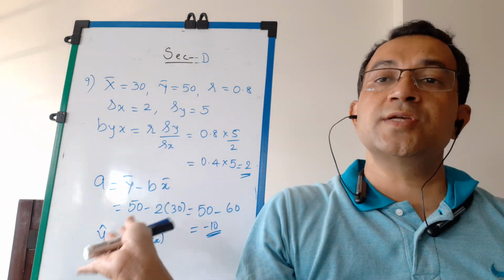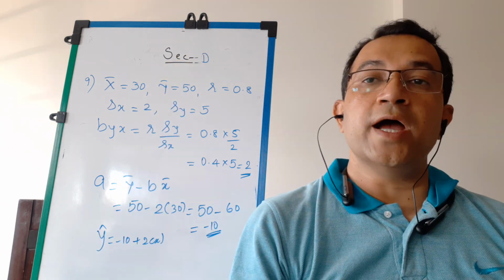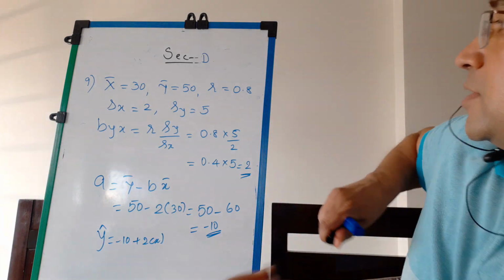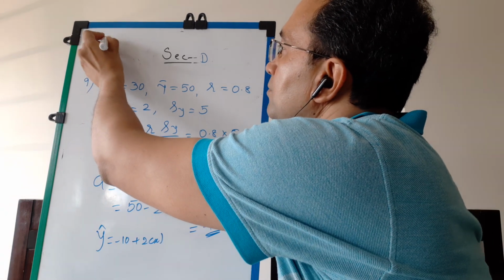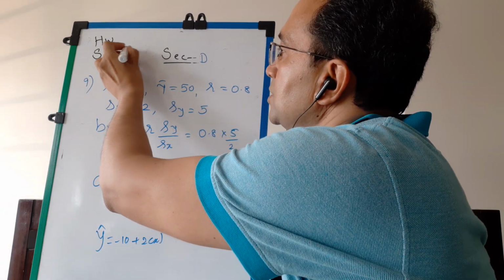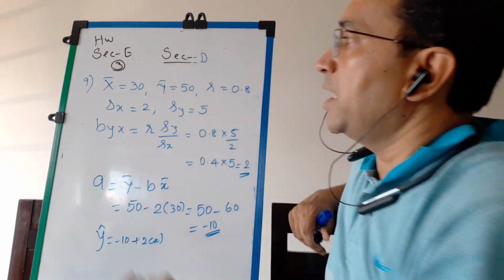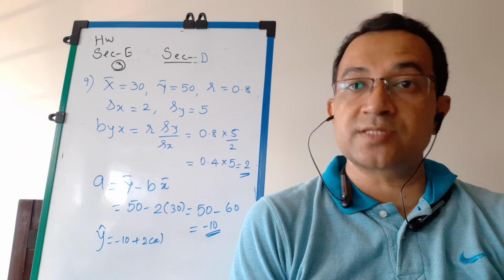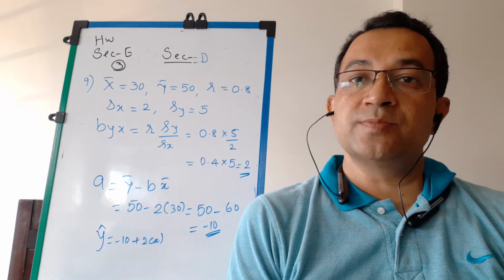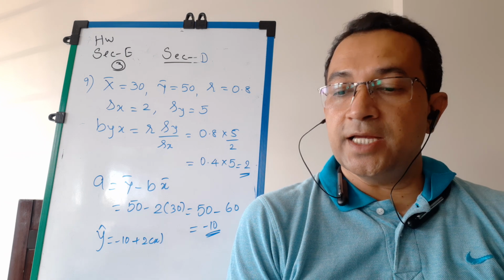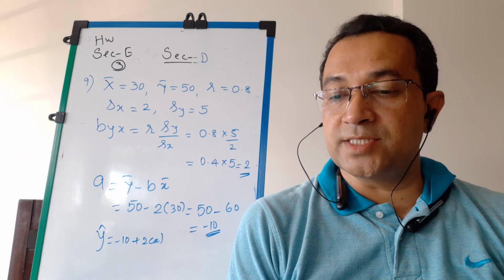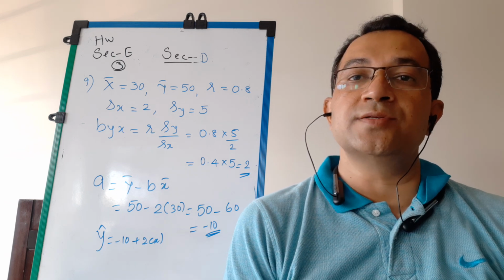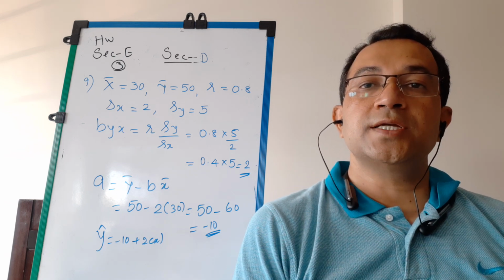Same formula, same concept, students, you have to use in section E, sum number 3. I am giving it as homework. I think all of you can easily do it. Once again I am explaining. X is advertisement cost, Y is sales, X bar is 10, Y bar is 90, Sx is 3, Sy is 12, and r is equal to 0.8.